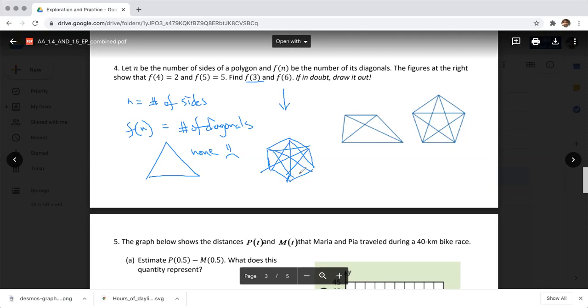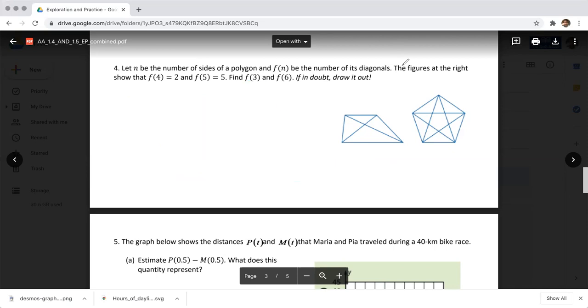I think I got them all, but my drawing's not great. No, there's one more there. There it is. So there should be 9. So f of 6 equals 9. Okay, so if in doubt, draw it out. Just draw it out always is what I would do.